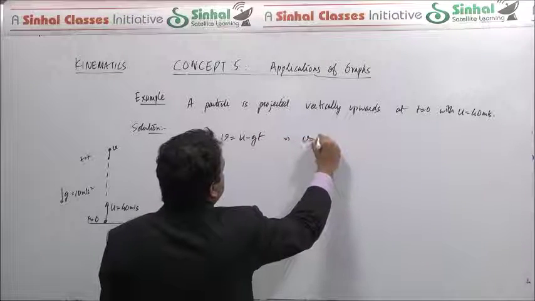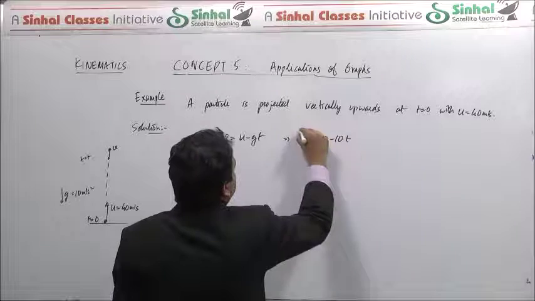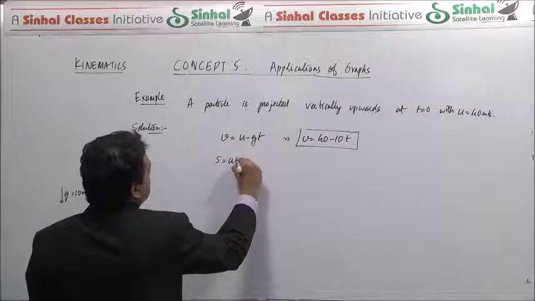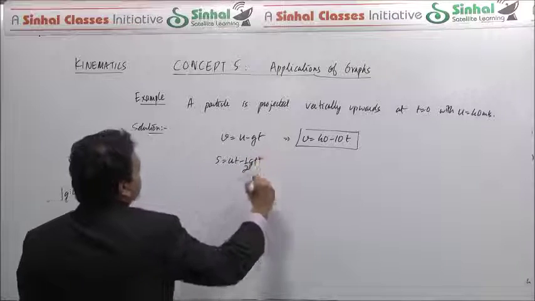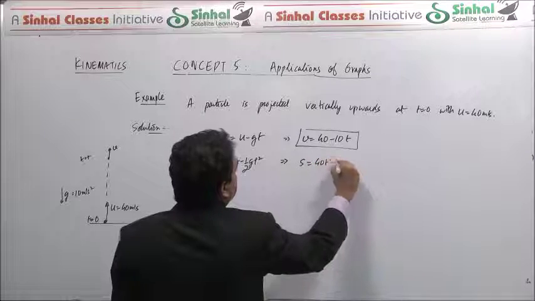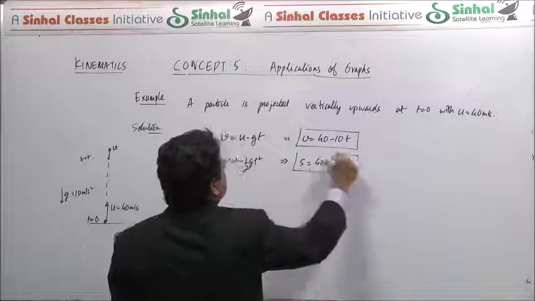So the velocity will become 40 minus 10t, and the displacement is ut minus half gt square. So in this case you can see the displacement is 40t minus 5t square.